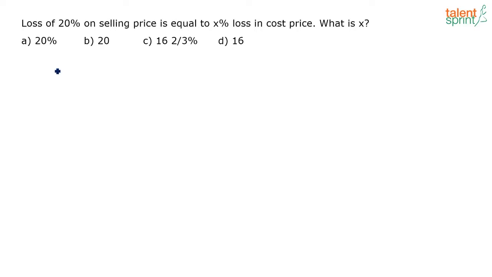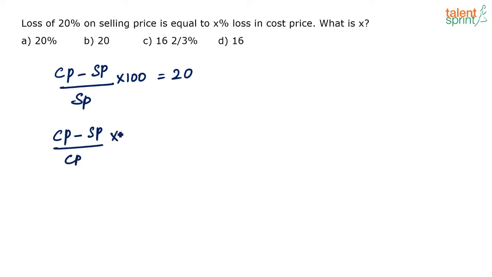So loss of 20% on the selling price means, how are you getting this 20%? This loss of 20% is nothing but the cost price minus the selling price divided by the selling price into 100. This is given as 20, right? Now they are saying that is equal to X percentage loss in the cost price, meaning cost price minus selling price by cost price into 100.